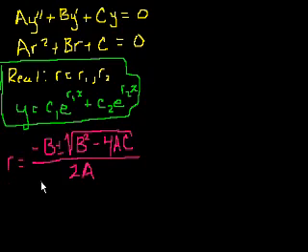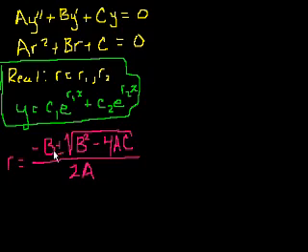So what do I mean by non-real roots? Well, if this expression right here, this b squared minus 4ac, if that's a negative number, then I'm going to have to take the square root of a negative number, so it will actually be an imaginary number. And so this whole term will actually become complex. We'll have a real part and an imaginary part.